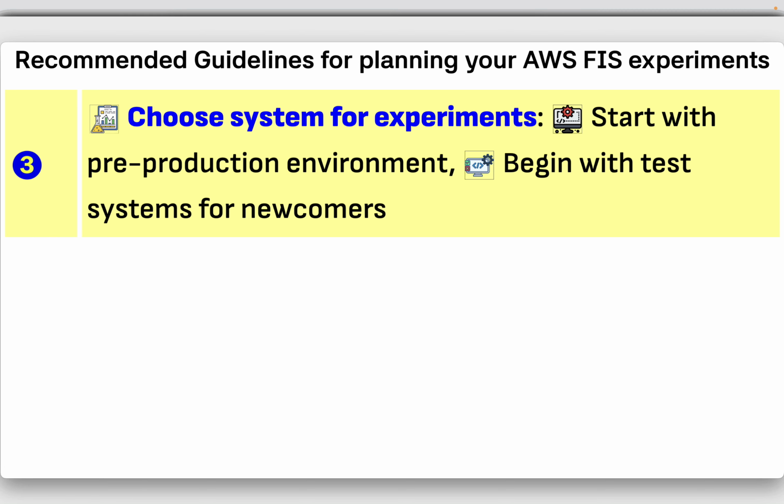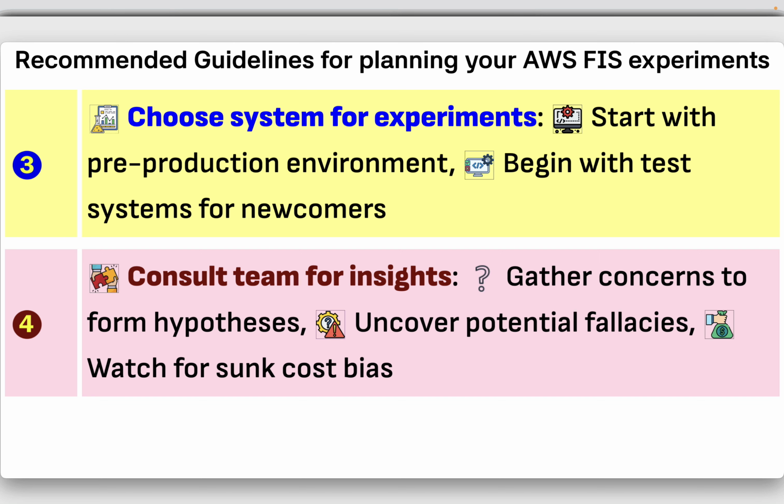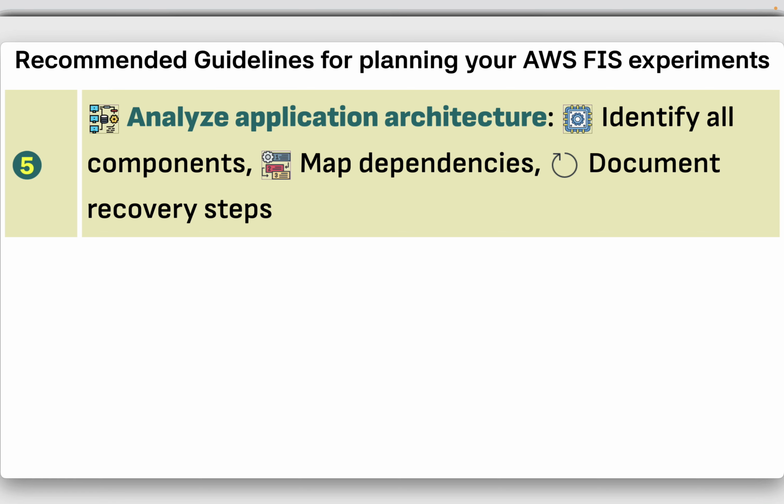You choose the specific system for running experiments, and then you start with a pre-production or test environment if you are new to fault injection. You consult your team about their worries to form hypotheses and what they are not worried about to uncover potential fallacies like sunk cost or confirmation bias.